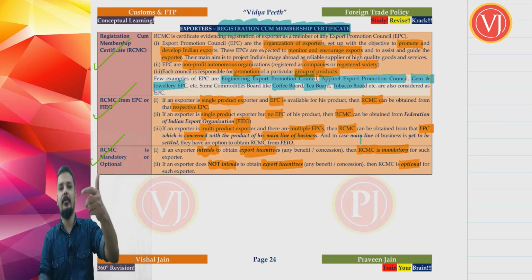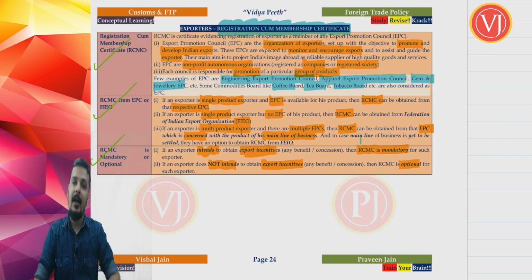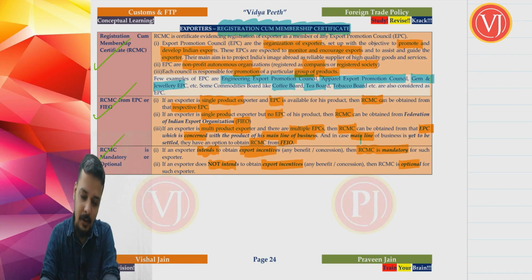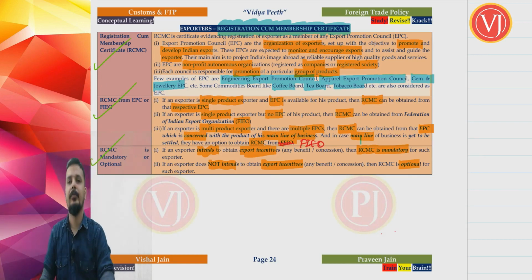So for the main product, go with the EPC of your main product, and if both the products are your main line, then get your RCMC from the Federation of Indian Exporters Organization. It's not FEIO, it is Federation of Indian Export Organization, FIO. That's all about your RCMC, right.